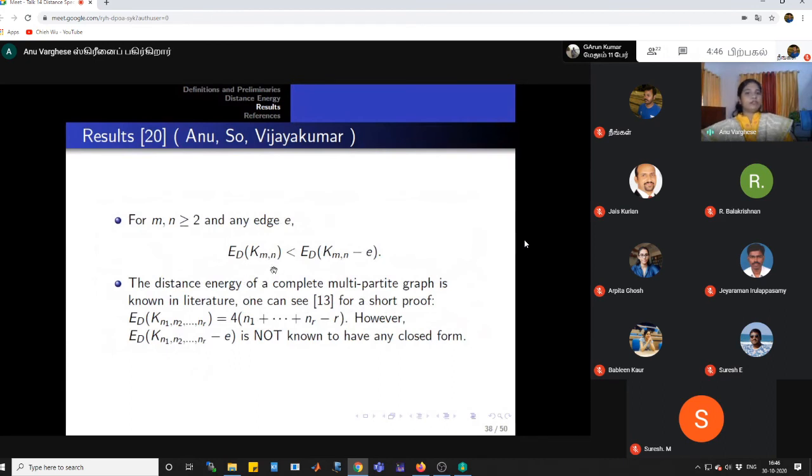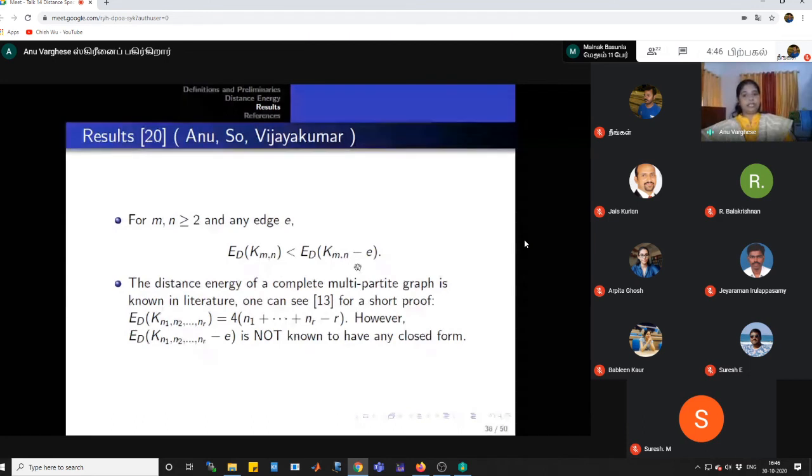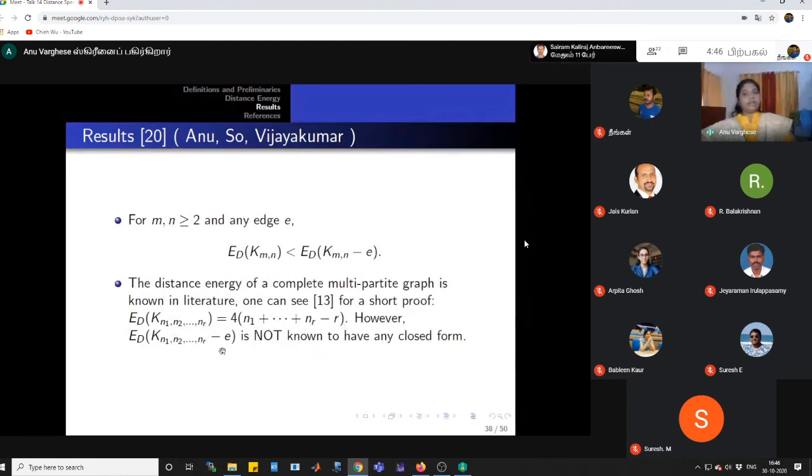The distance energy of K(n1, n2, ..., nr) is less than the distance energy of K(n1, n2, ..., nr) minus e. The distance energy of K(n1, n2, ..., nr) is already known to be 4 into (n1 plus ... plus nr minus r). But the distance energy of K(n1, n2, ..., nr) minus e is not known.